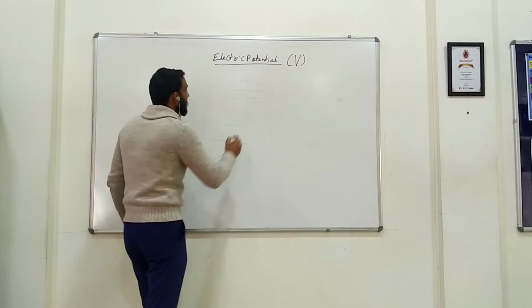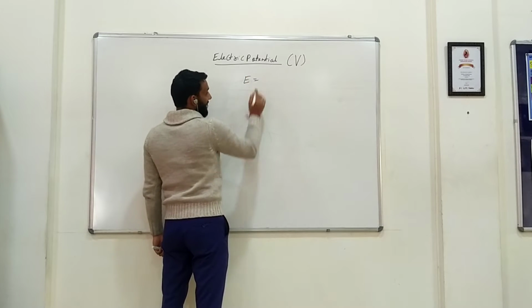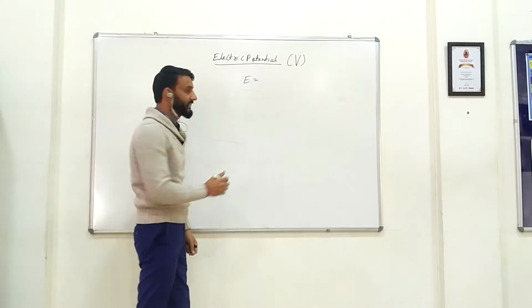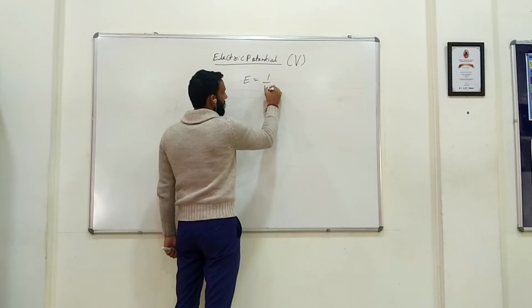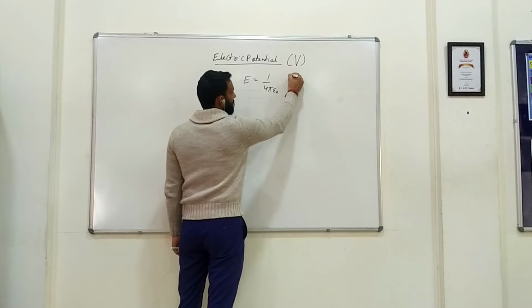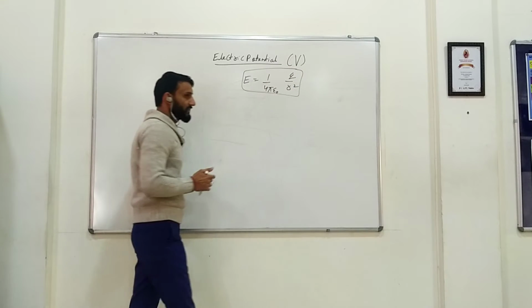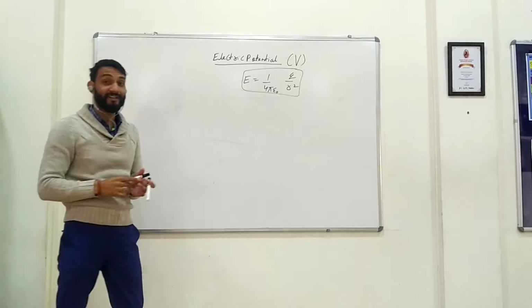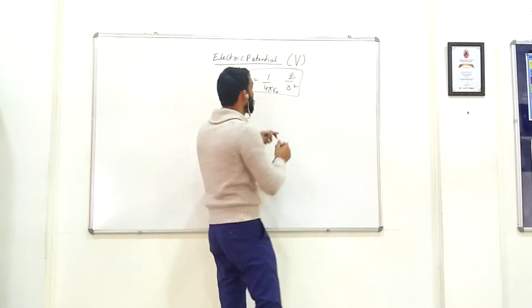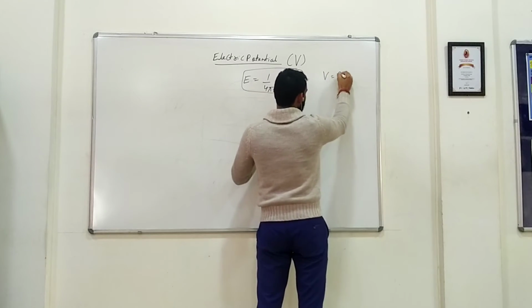Now, the electric field due to a single charge is 1 upon 4 pi epsilon naught, q upon r square. This is the electric field due to a single charge. Now I am going to derive an expression for the electric potential due to a single charge.